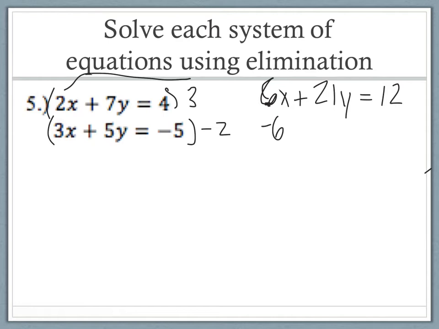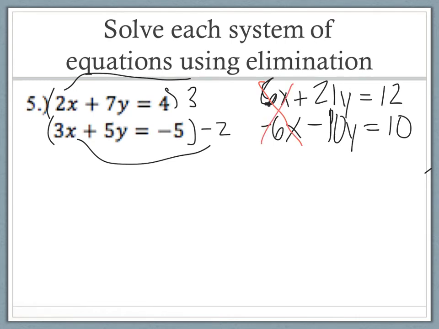Okay, so on the bottom I'll have negative 6x plus 5 times negative 2 is negative 10y. And then negative 5 times negative 2 is going to be positive 10. Okay. Now I can go ahead and use elimination since my x's have the same number but opposite signs.